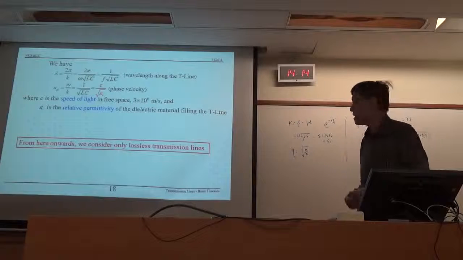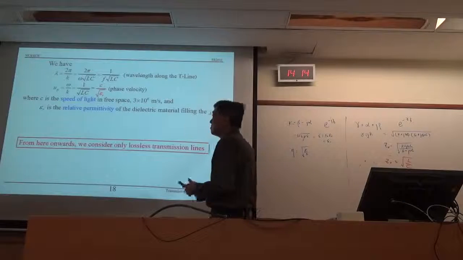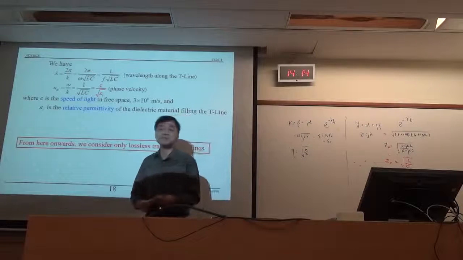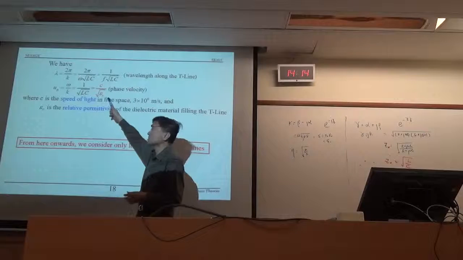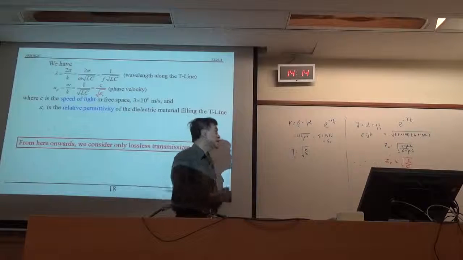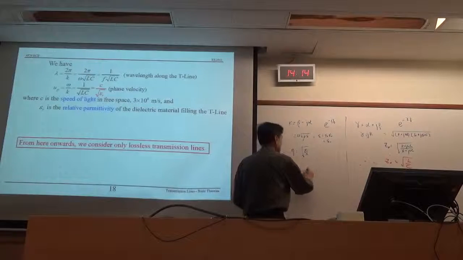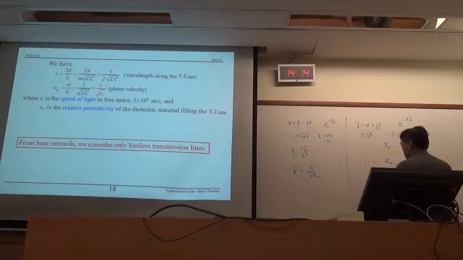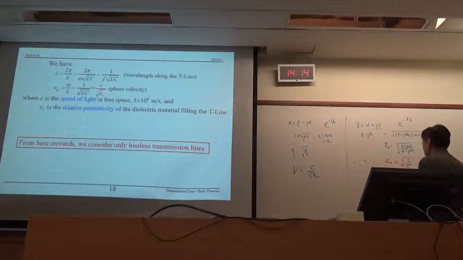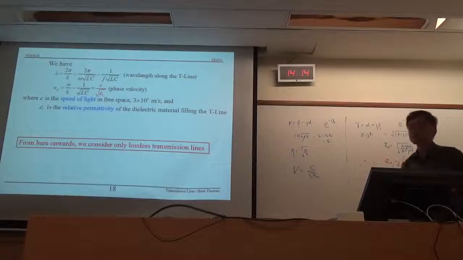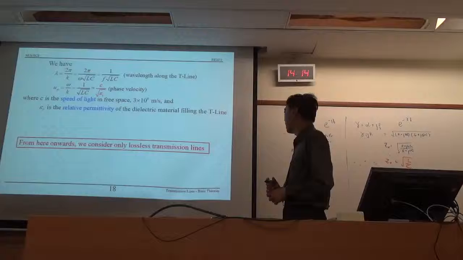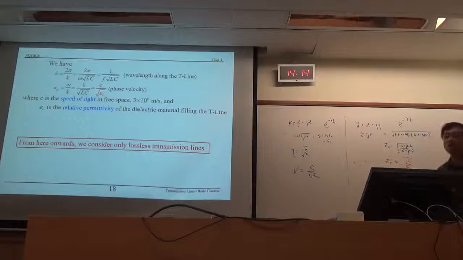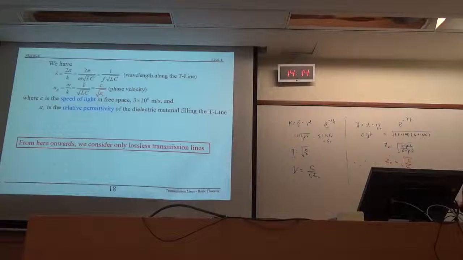Now, another similarity: the wavelength and the velocity of propagation. Look at this velocity of propagation, which is exactly the same as here. This is V equal to c over square root of epsilon R. This one is exactly the same, V equal to c over square root of epsilon R. And if that is exactly the same already, what other things can be the same?